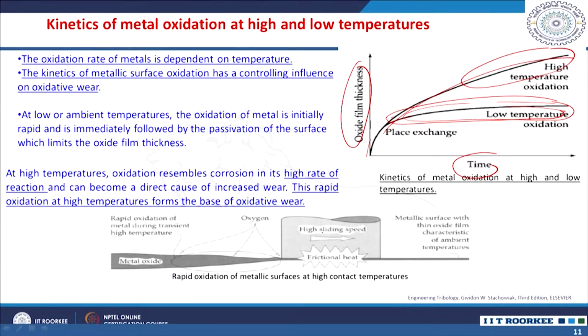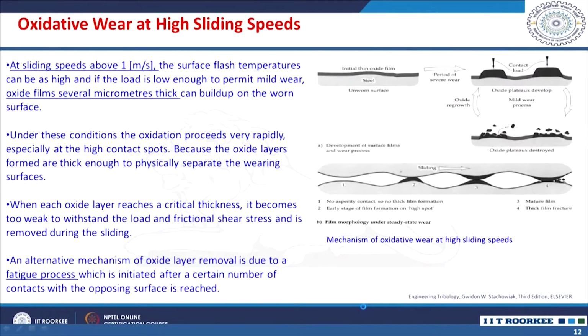You will have high sliding speeds, and that leads to very high frictional heat, which leads to high contact temperatures. You will have the metal oxide thickness also increasing. So, rapid oxidation at high temperatures forms the basis of oxidative wear.